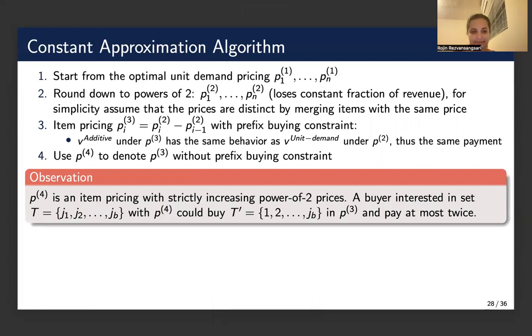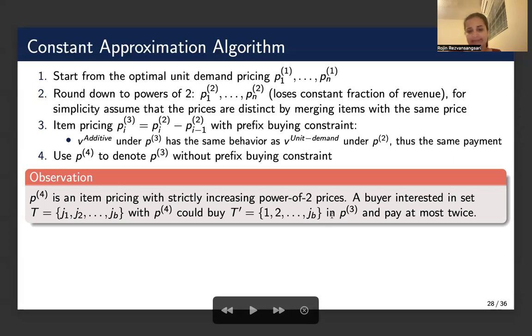First of all, note that P3 and P4 are all basically the difference of distinct powers of 2. Now let's say a buyer in P4, so an additive buyer, is interested in some set T, J1 to JB, with JB being the maximum index. Now, if a buyer in P3 with the prefix buying constraint wants to buy a set similar to this set, the cheapest way they could buy it is going to be this set T prime, which is all items from 1 to JB.